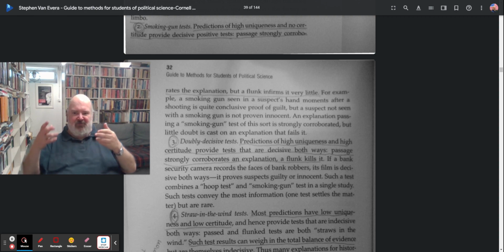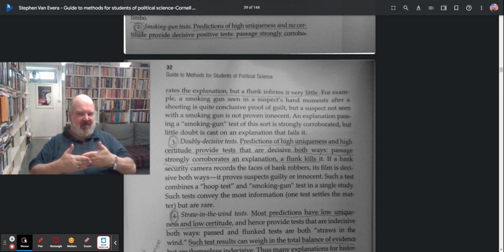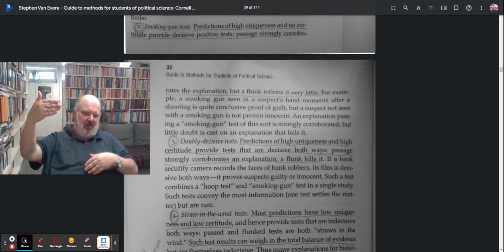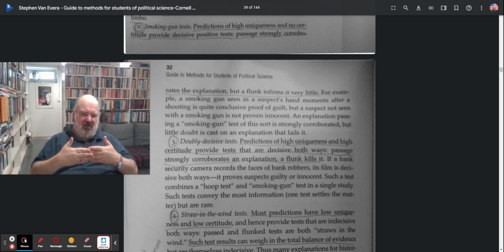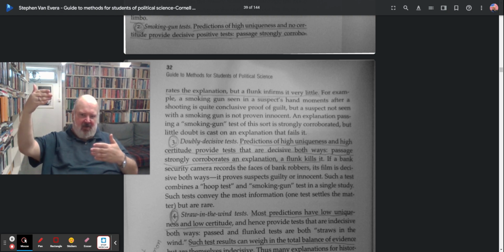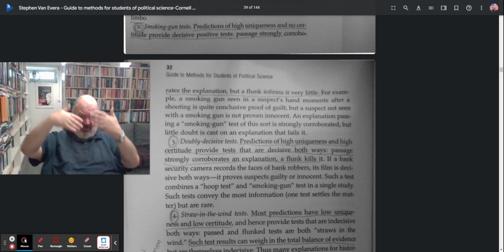And therefore, forensic evidence is used as a smoking gun: you're at the scene of the crime at the time it happened. Whereas if you're not there at the time it happened, that same method can be both a smoking gun and, at the same time, a hoop test, right?